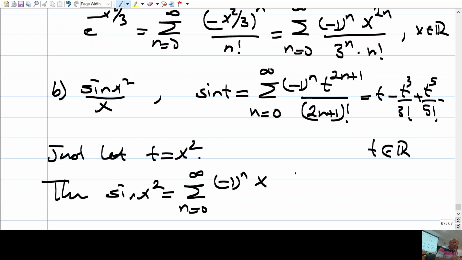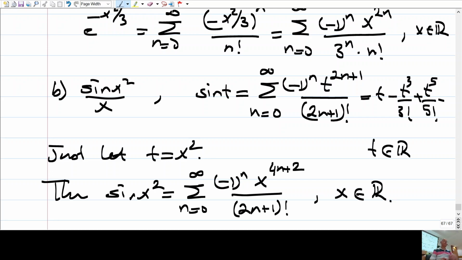So x to the power 4n plus 2, right? You have x squared to the power 2n plus 1. So 2 times 2n plus 1 is just 4n plus 2, divided by 2n plus 1 factorial. And what is x? x can be again anything.